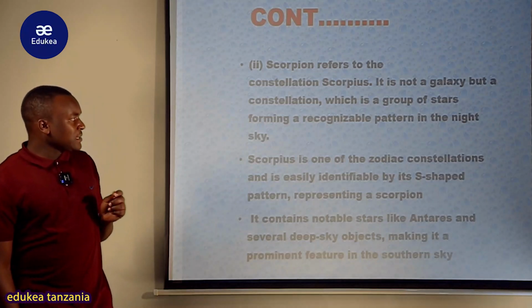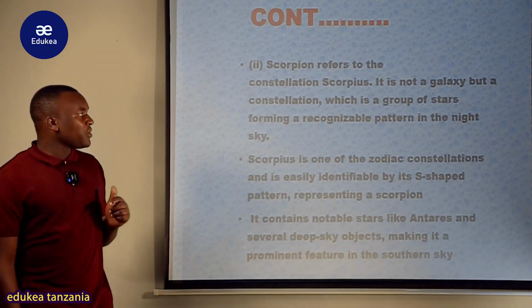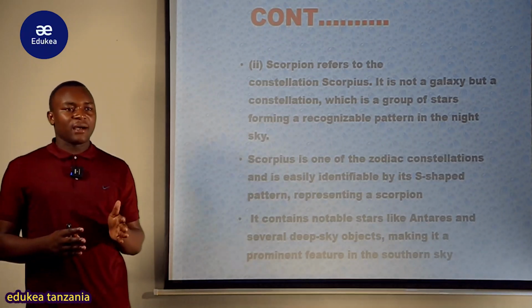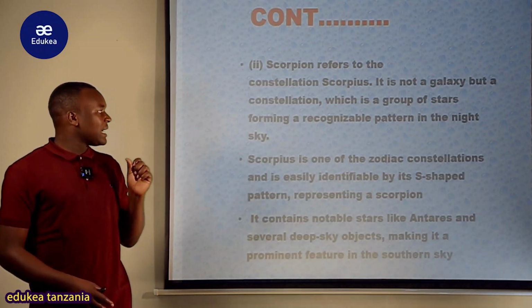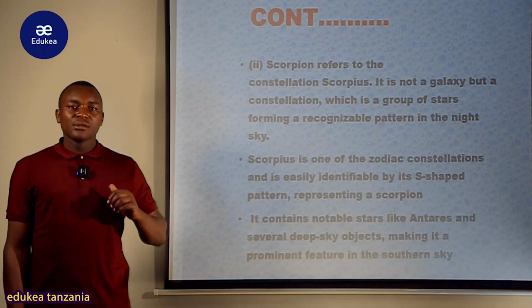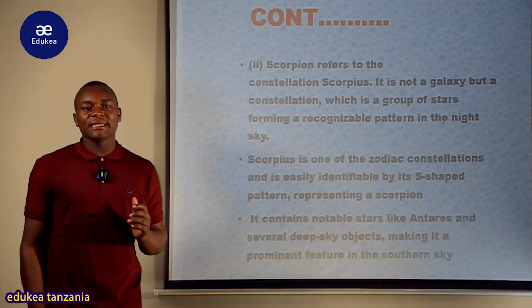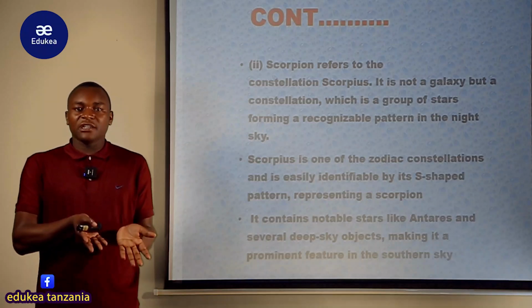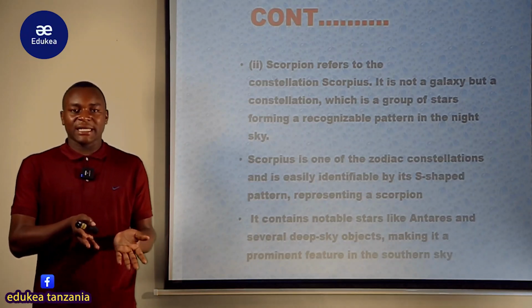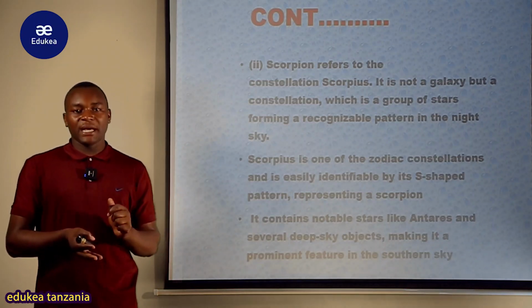We say it is not a galaxy but a constellation, which is a group of stars forming a recognized pattern in the night sky. So Scorpion is just a collection of stars which form a definite shape or pattern. We call it the Scorpion pattern.